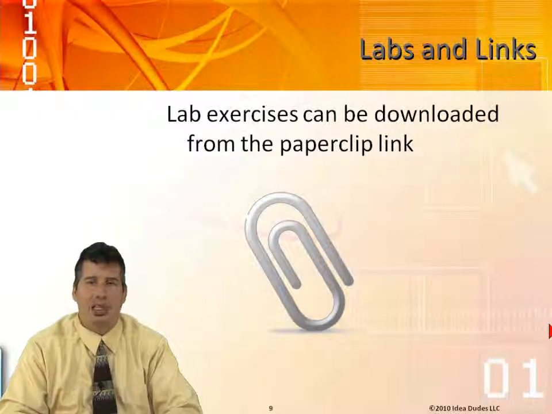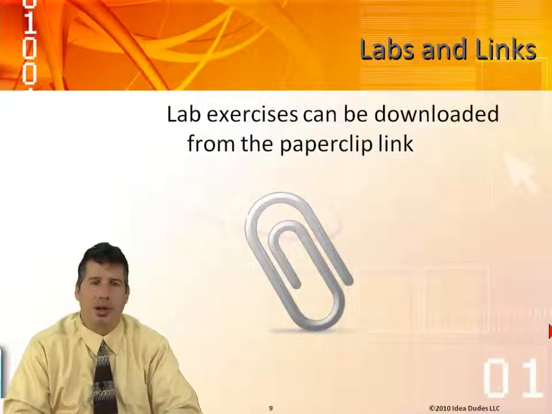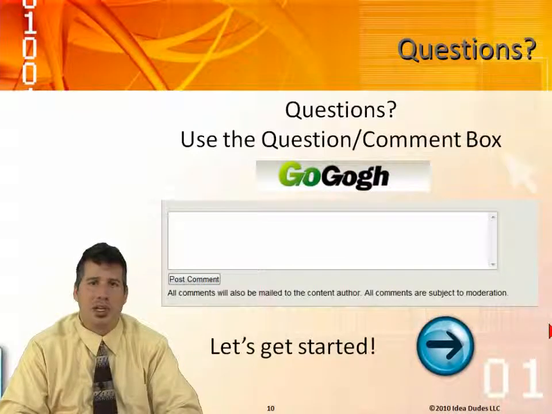There are going to be labs that you can download by clicking on the pay-per-click link. Make sure that you go through and do the labs, because it's going to reinforce the material and also help you in your real-world environment. Questions or comments, you can always put them in the GoGo box. Let's get started.